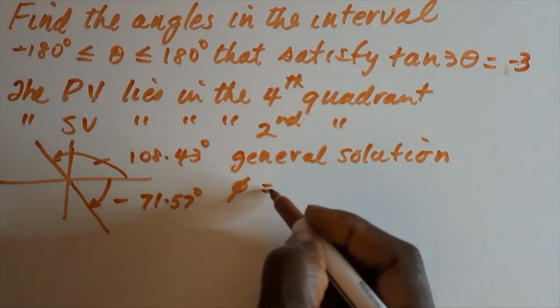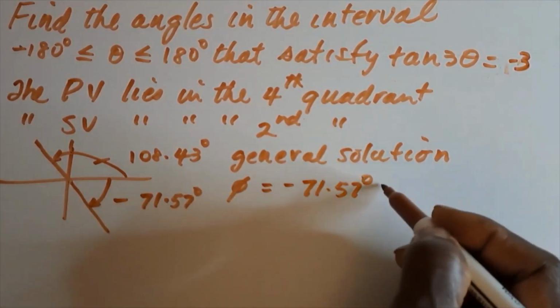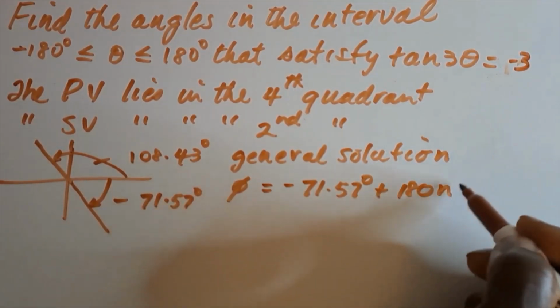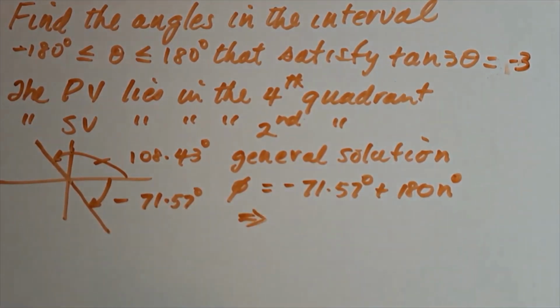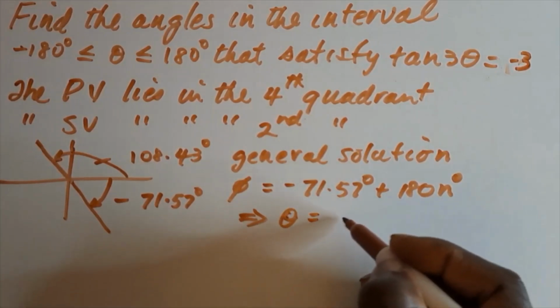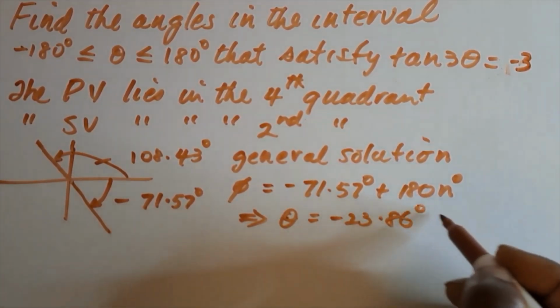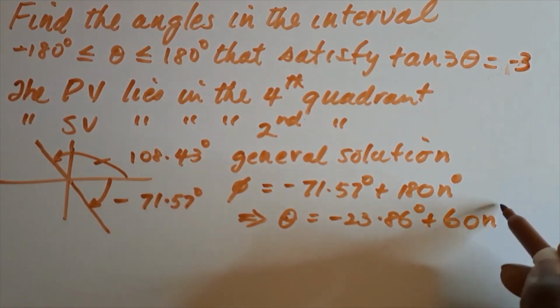So this is equal to minus 71.57 degrees plus n times 180 degrees. But this implies, because phi is actually 3 theta, we just want to find theta. So it implies that theta is equal to minus 23.86 degrees plus n times 60 degrees.